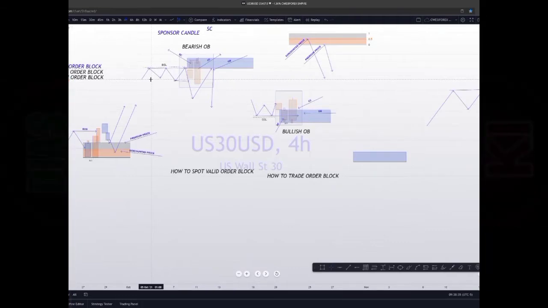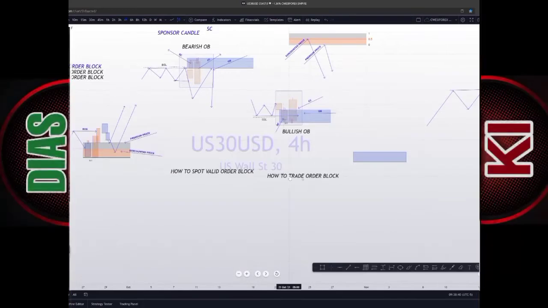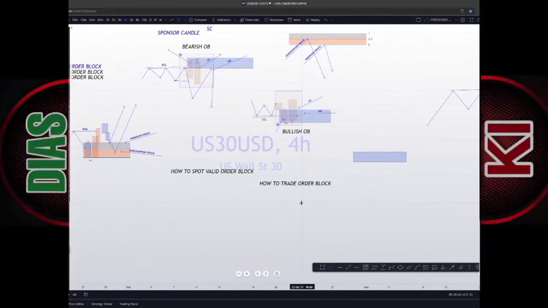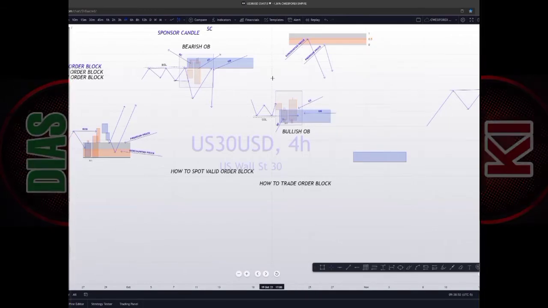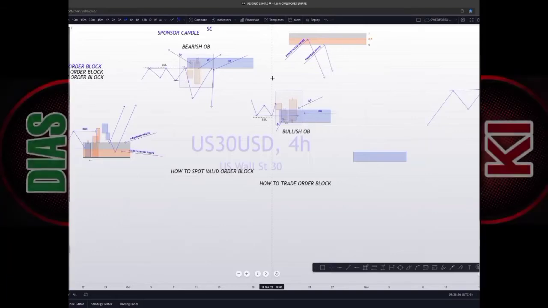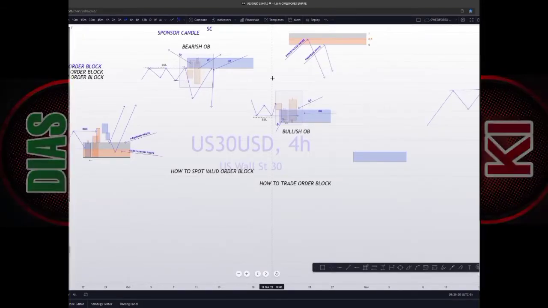Okay. So then we move to how to trade order blocks. When you identify an order block on the bigger time frame, let's say the H4 or daily time frame, as I've already explained to you guys, you don't have to place your limits and wait for price to get mitigated at that zone.